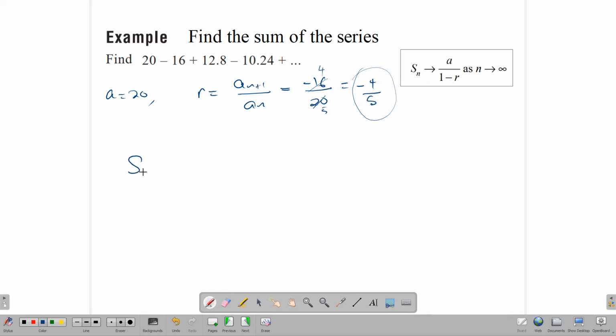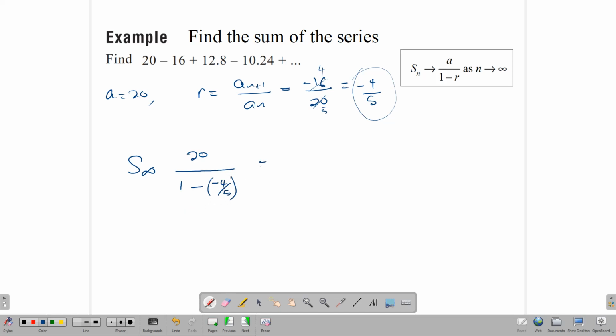So the sum to infinity of this particular series is going to be the first term, 20, divided by 1 minus -4 over 5.